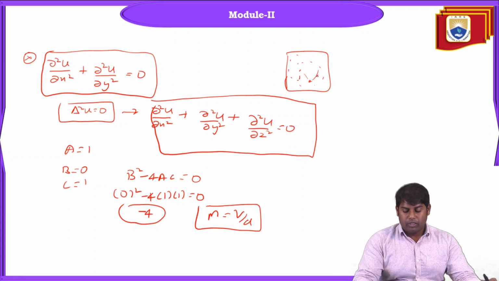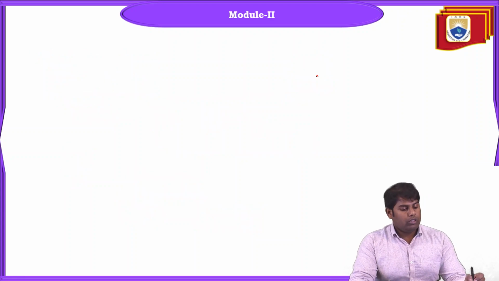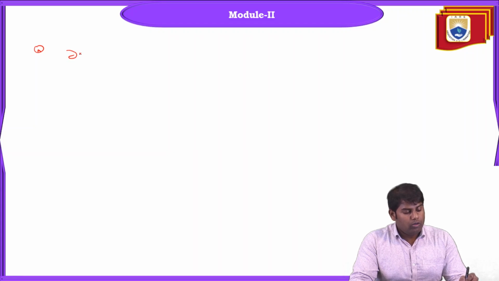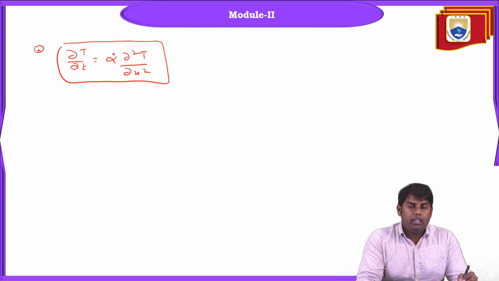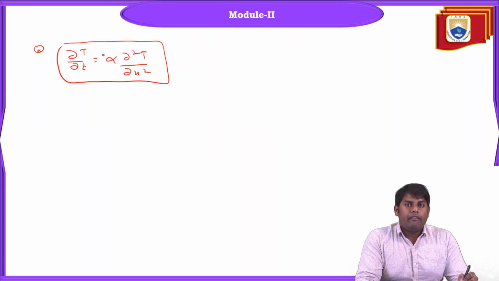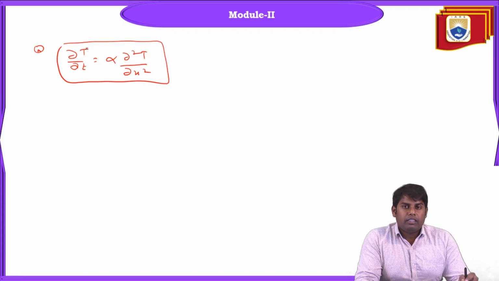When you take the parabolic, let's take dou T by dou t is equal to alpha dou square T by dou x square. This is called the 1D unsteady heat conduction, or heat diffusion equation. For this equation, we are seeing whether it is parabolic or hyperbolic.